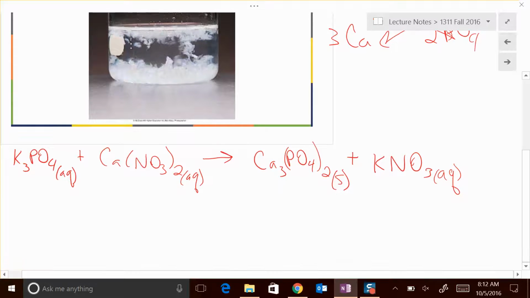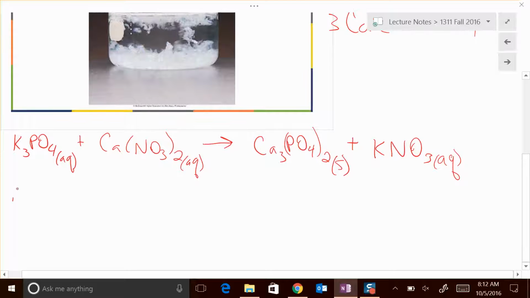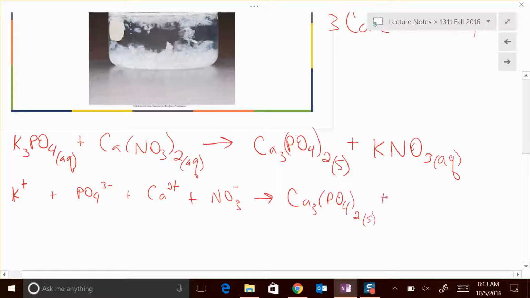Okay, so if I'm going to write the ionic equation, I'm going to break it up. K+ PO4 3- plus Ca2+ NO3- produces Ca3(PO4)2, 2 of them, because it's a solid, plus K+ NO3-.